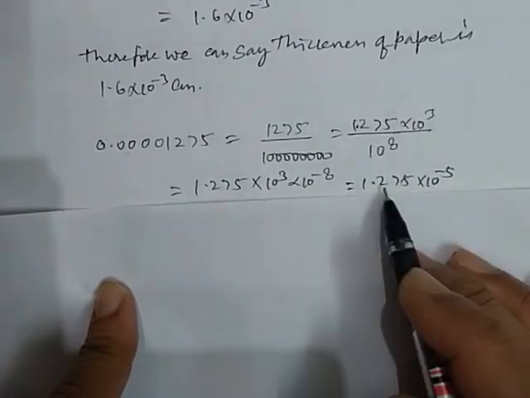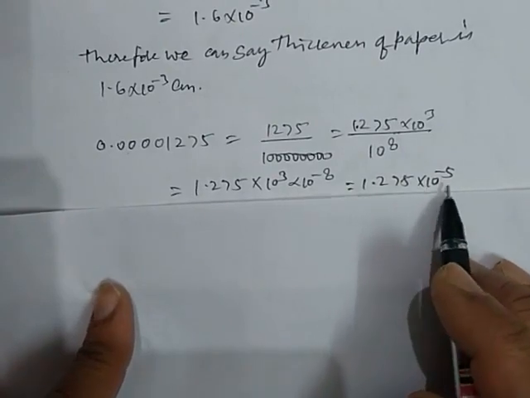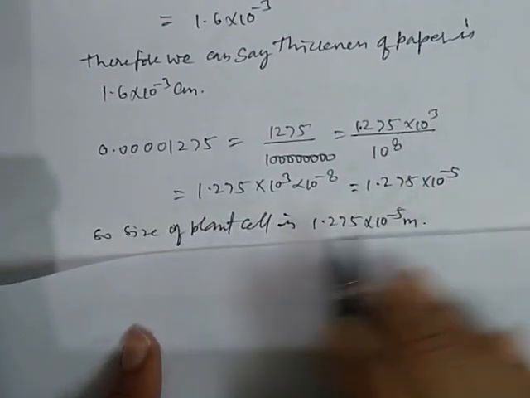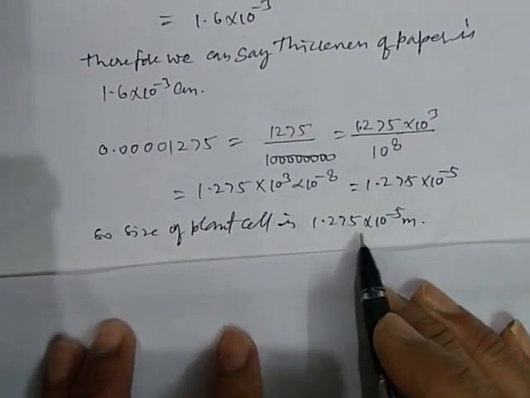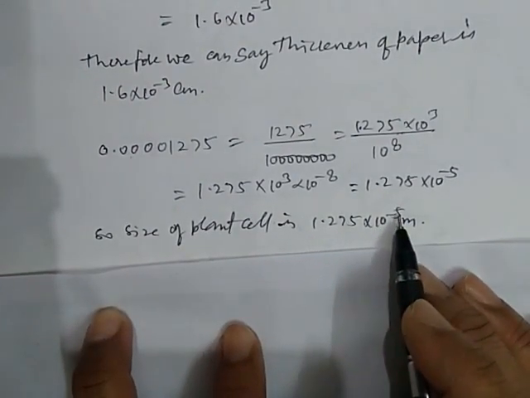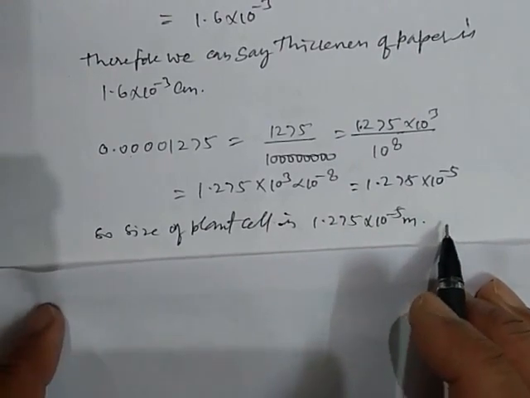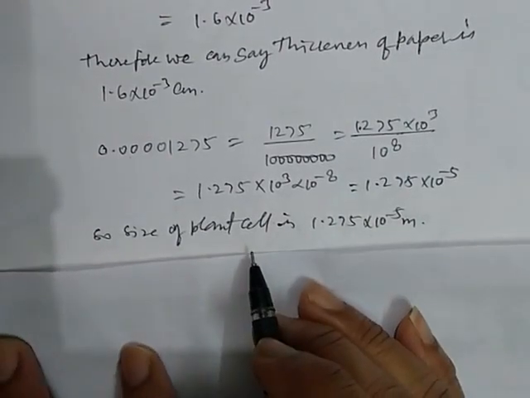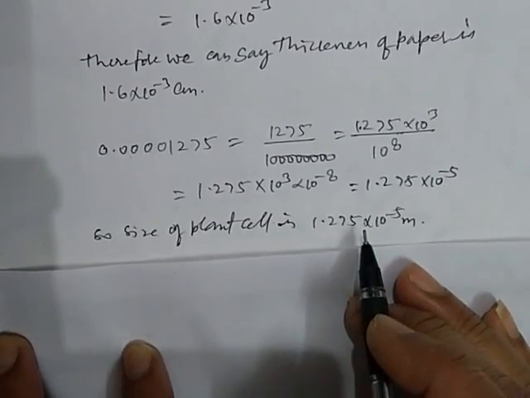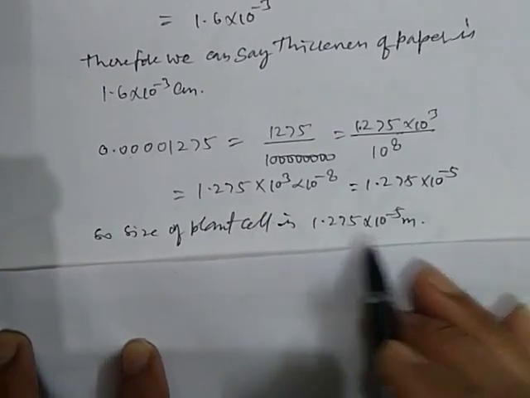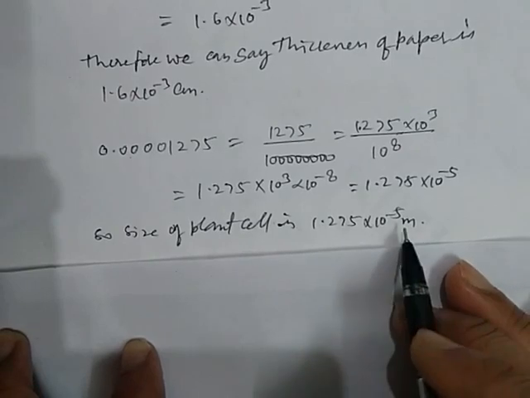So this becomes 1.275 into 10 raised to the power minus 5. So the size of a plant cell is 1.275 into 10 raised to the power minus 5 meter. This way we can express small numbers in exponent form, the standard form.